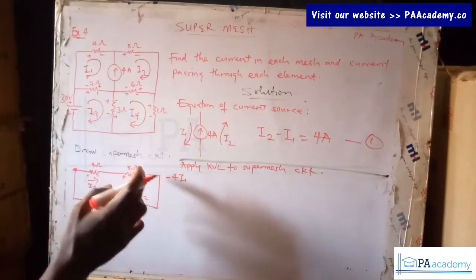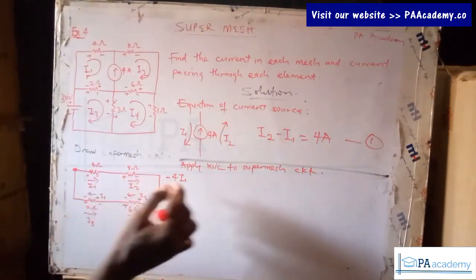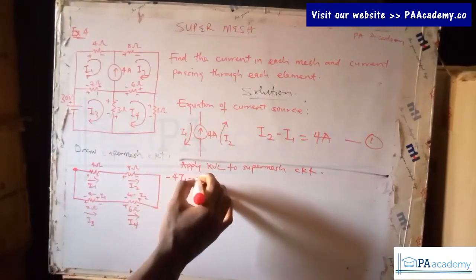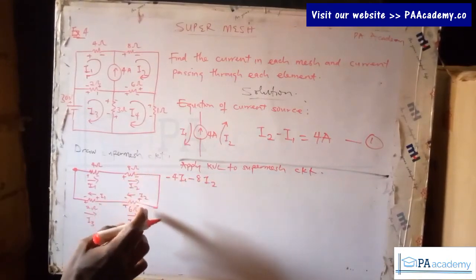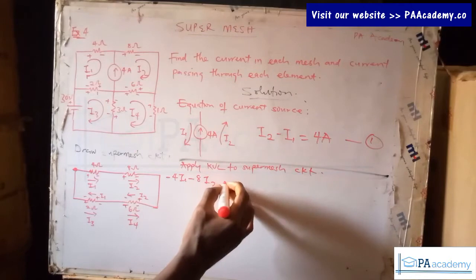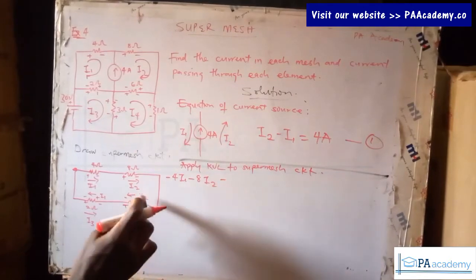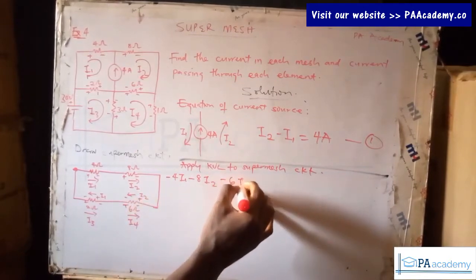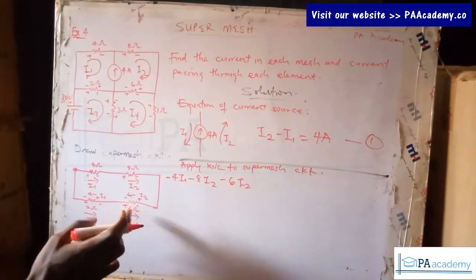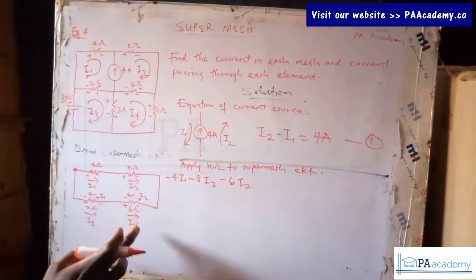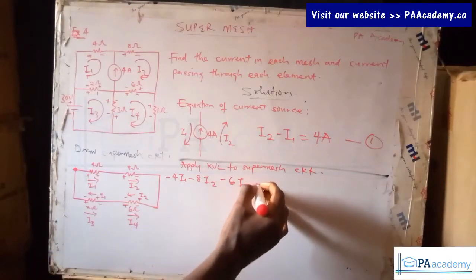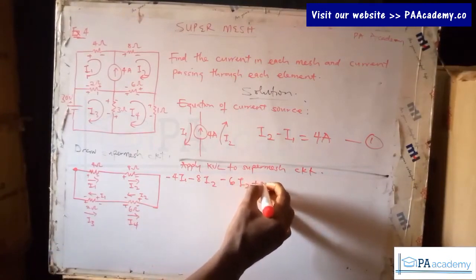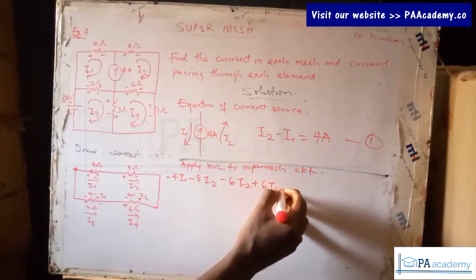So from there we go to the 8 ohm. From plus to minus, that's going to be minus 8I2. The current there is I2. Come down, we come here, and then from plus to minus, so that's going to be minus I2, minus 6I2. Don't forget, I'm dealing with the 6 ohm resistor. And from minus to plus, due to current I4, so that's going to be plus 6I4.